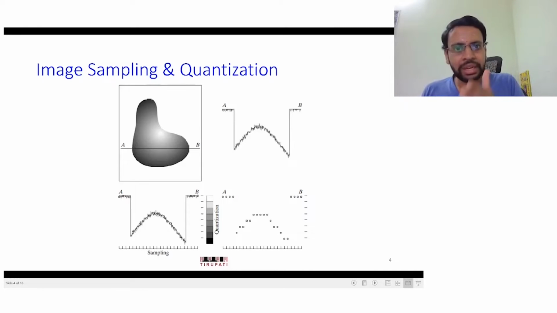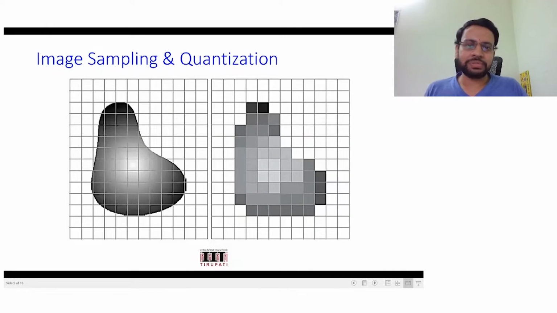So sampling and quantization. Anyway, this is true for any signal, 1D signal, 2D signal or 3D signal in general. This is nothing new that we are discussing, but now we are discussing it in the context of image processing.